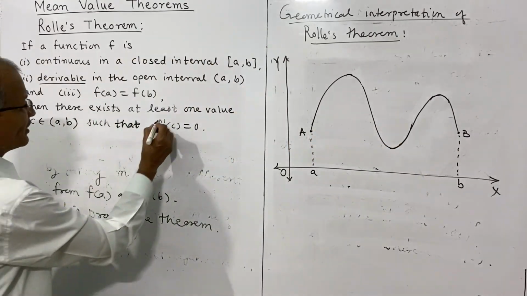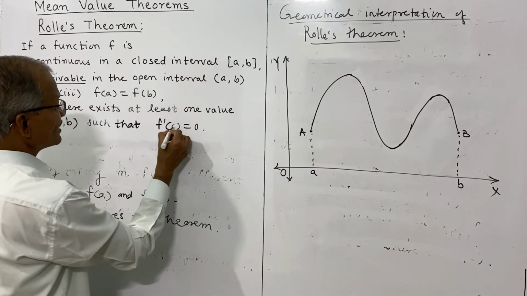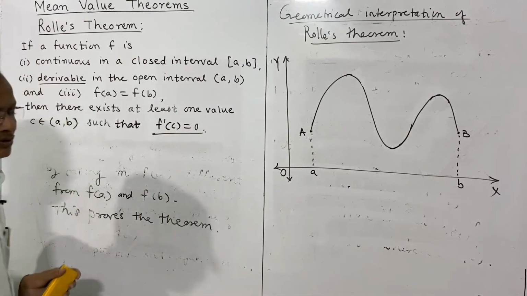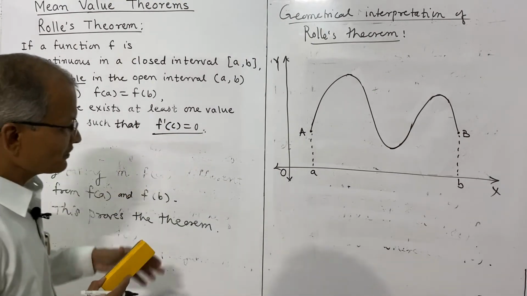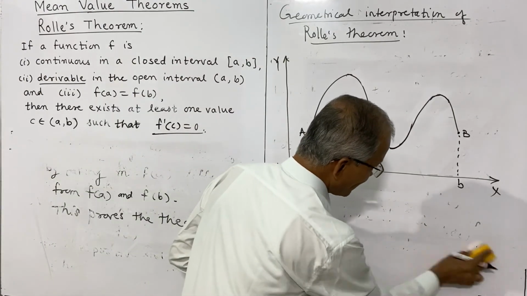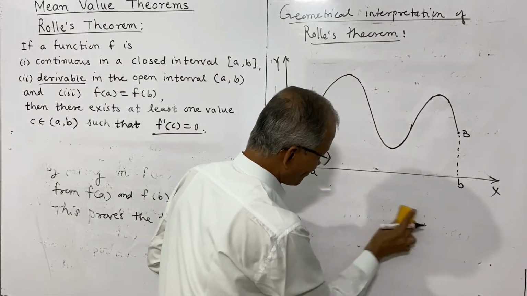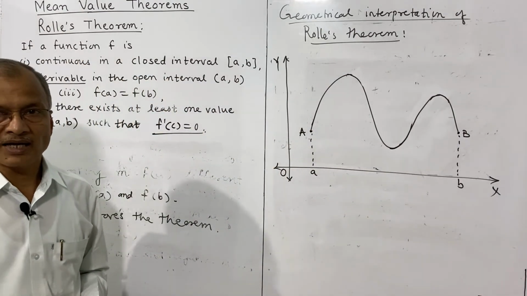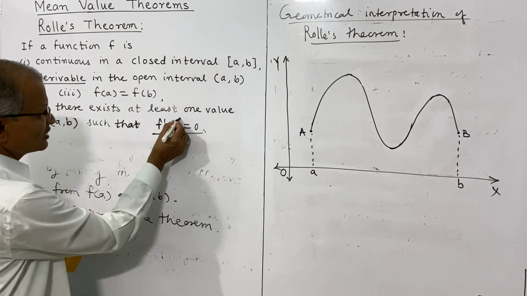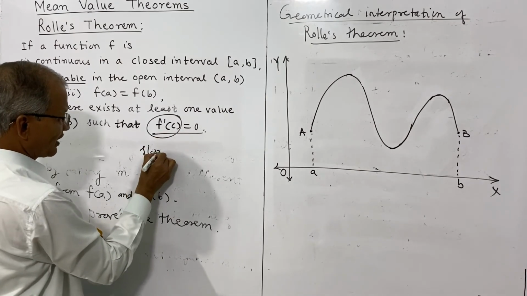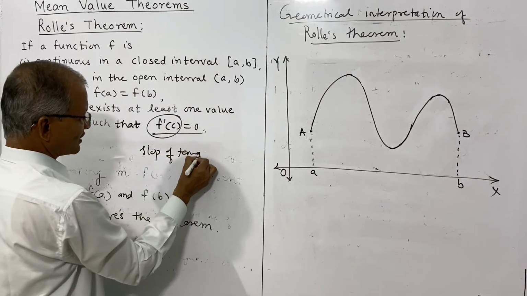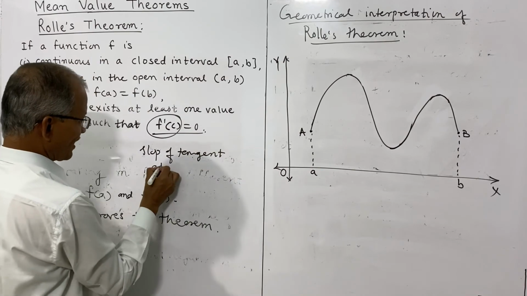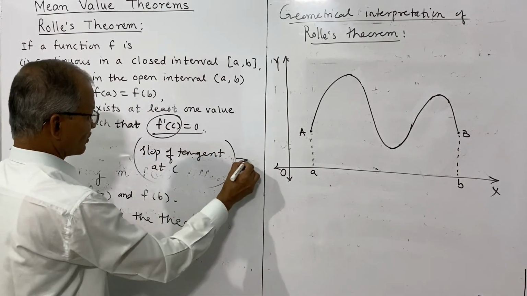And what the meaning of this is, there is a point C such that f dash of C is equal to 0. And what is f dash of C? F dash of C means, we know derivative represents slope of tangent. Slope of tangent at C, and that is equal to 0.